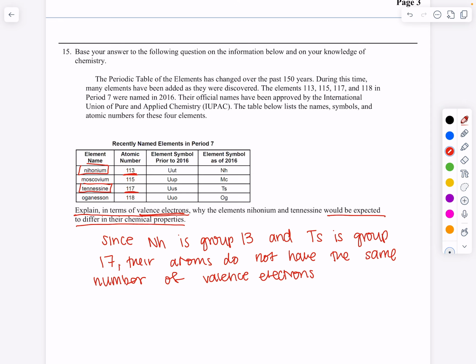And because they don't have the same number of valence electrons, I'm going to say because they have a different number of valence electrons, they would differ in their chemical properties. Okay.